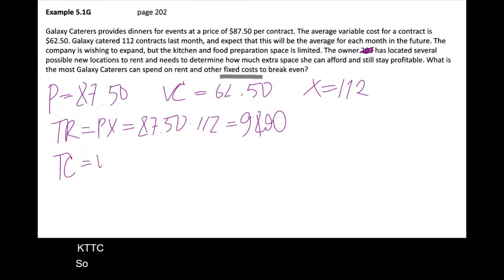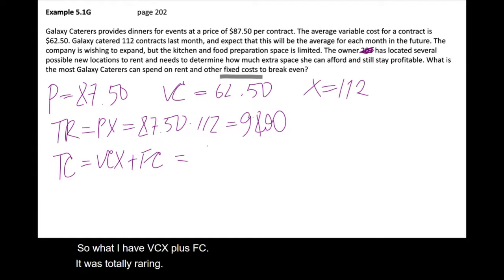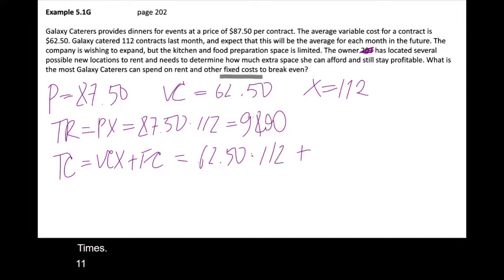What I have is VCX plus FC, so variable cost 62.50 times 112 plus fixed cost. We don't know that. We're actually looking for that.